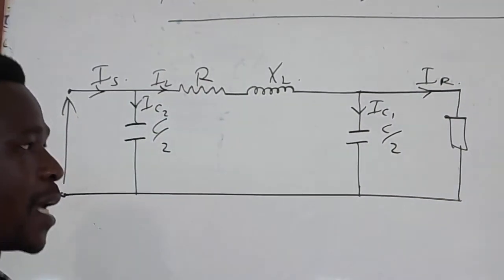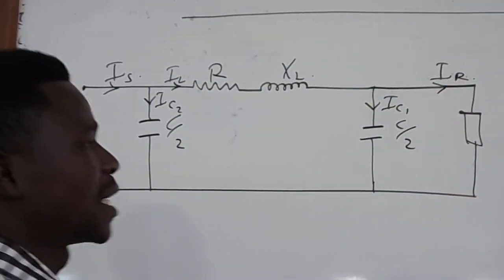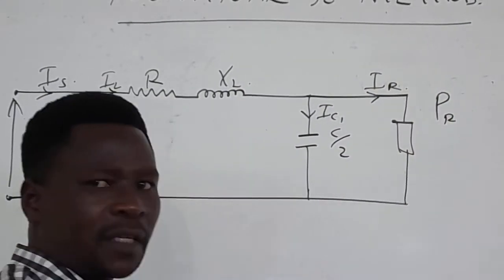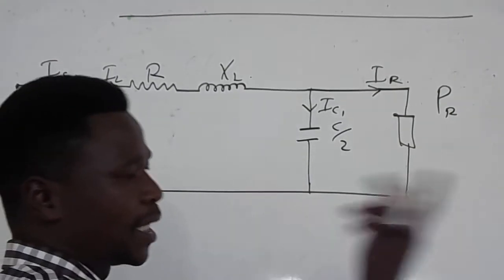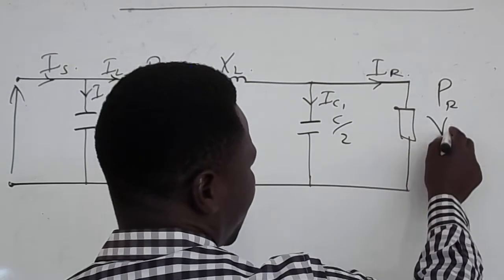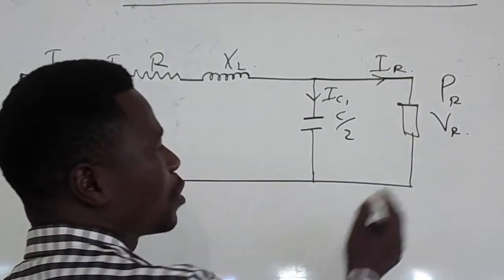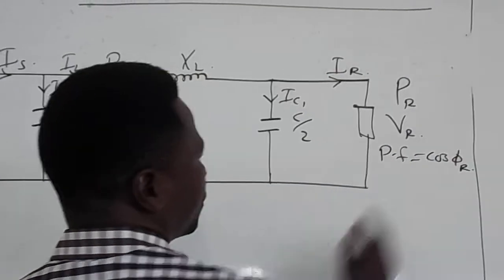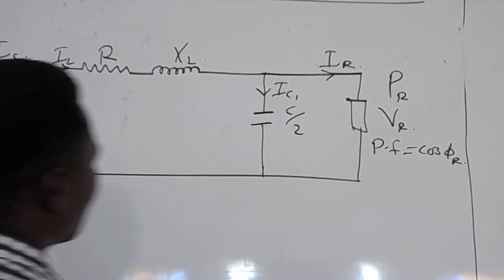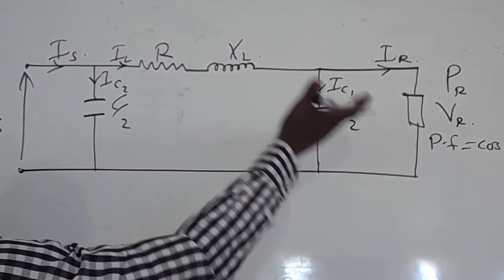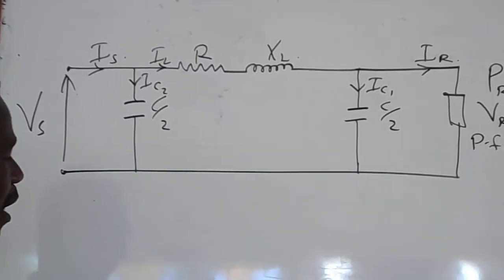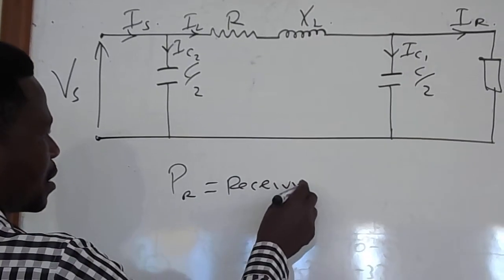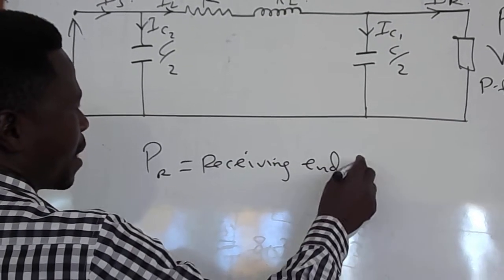Now at the receiving end, there are several parameters. We have the receiving end power, or power delivered to the load. We have the receiving end voltage, and we also have the receiving end power factor, that will be cos phi r. Just as I have said, we can define the parameters in the circuit. PR is the receiving end power.